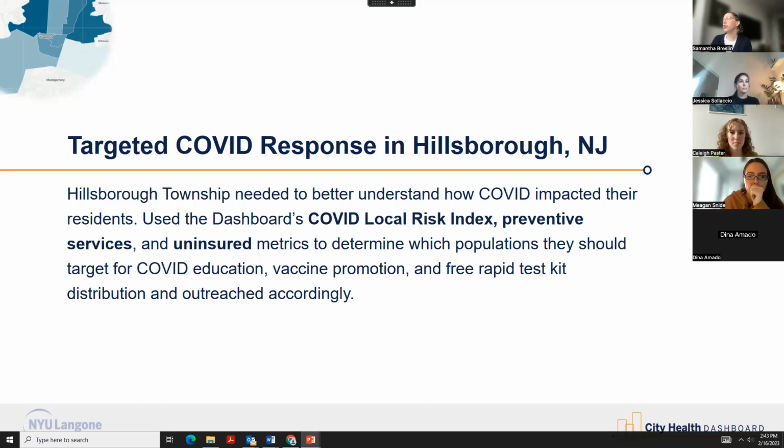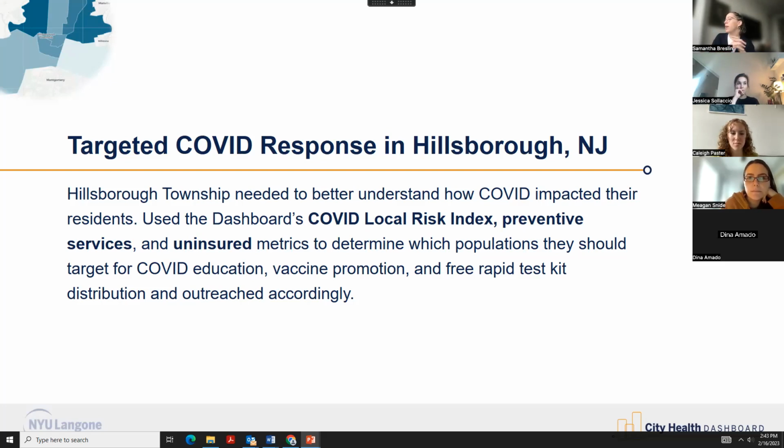So in Hillsborough, New Jersey, they were hoping just to better understand the impact of COVID on their residents and on their various community members. And so they really leaned on our COVID local risk index. They have a larger senior citizen population in the city.